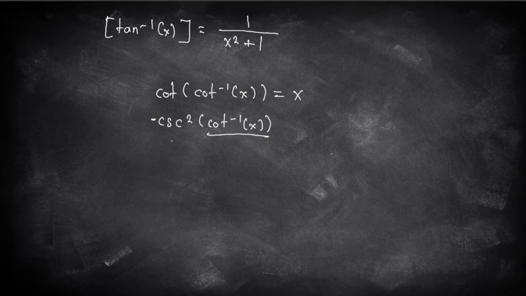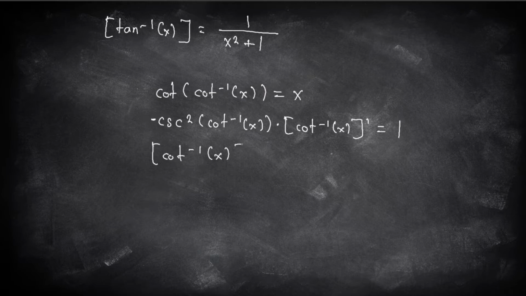We have a function inside of a function, so we do the chain rule. The derivative of x is 1. So the derivative of our inverse cotangent, which is what we're looking for, is 1 divided by negative cosecant squared of inverse cotangent of x composed inside.